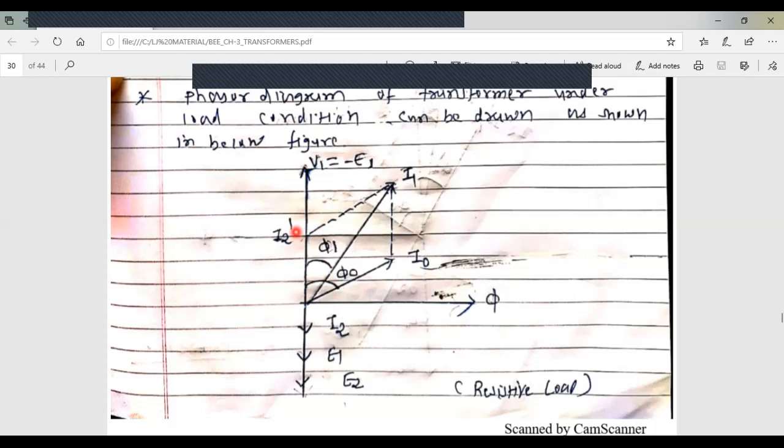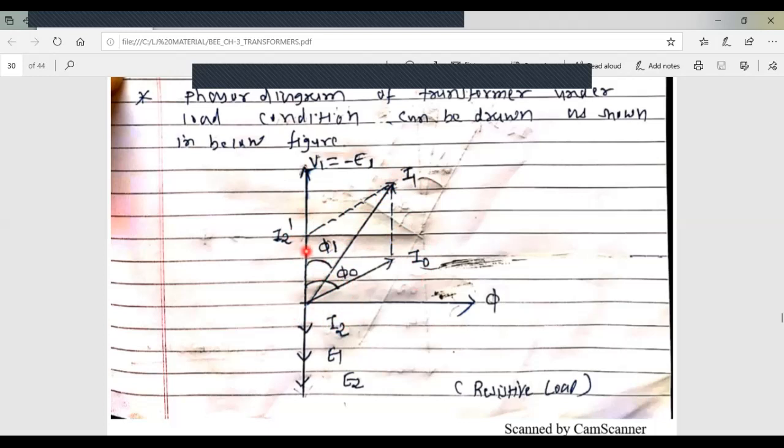Now I2 dash is exactly in opposition to I2, and we know what I1 is. I1 is the addition of I0 and I2 dash. According to this parallelogram, the diagonal represents I1. I1 is nothing but the addition of I0 and I2 dash.